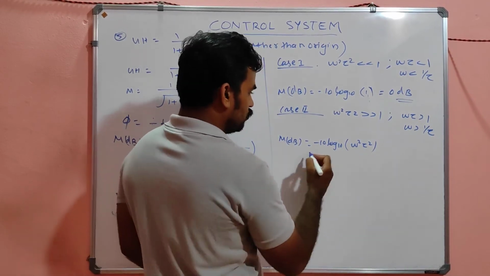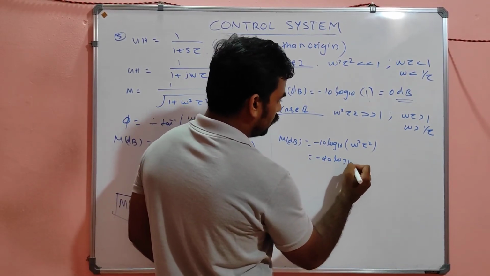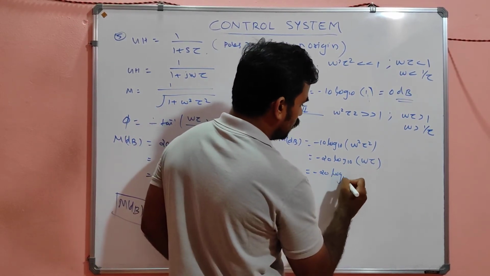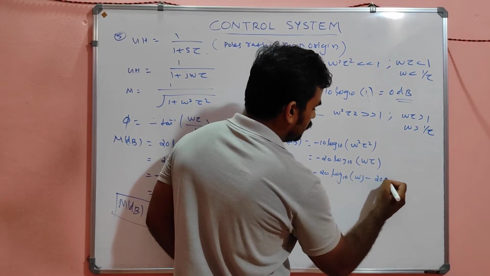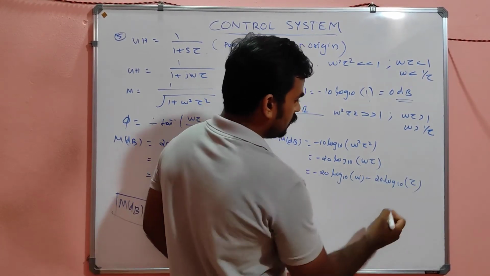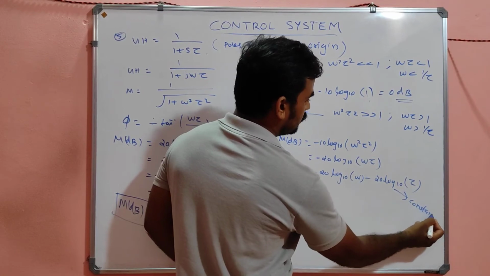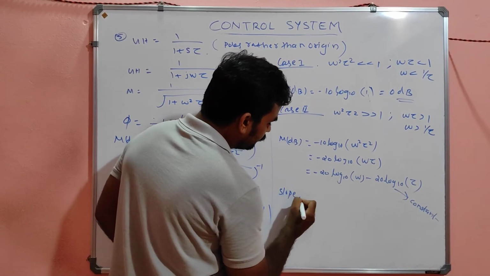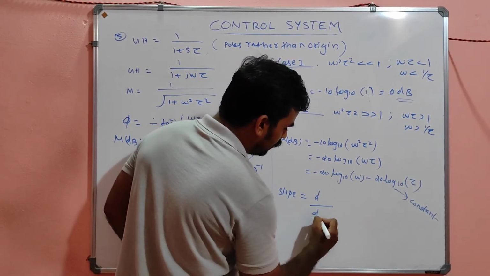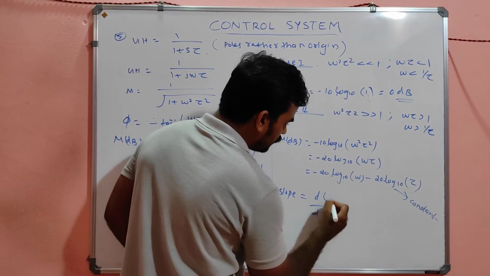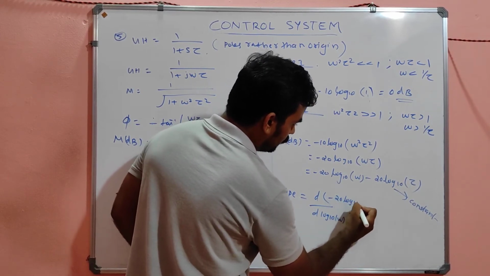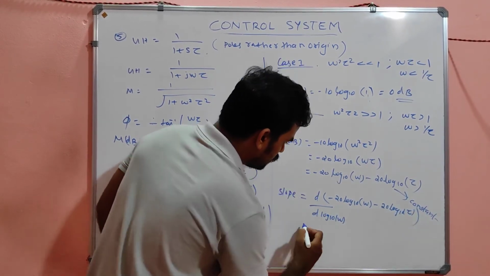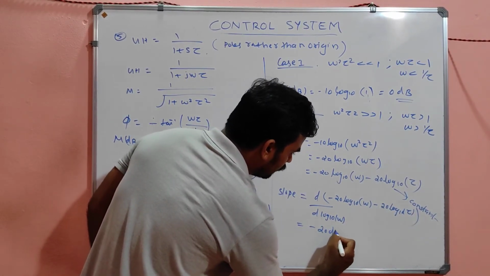So it will be simply minus 20 log 10 of omega tau, or minus 20 log 10 of omega minus 20 log 10 of tau. This is always a constant, right? This can be varying. So what will be the slope? The derivative of minus 20 log 10 omega minus 20 log 10 tau with respect to log 10 omega gives simply minus 20 dB per decade.